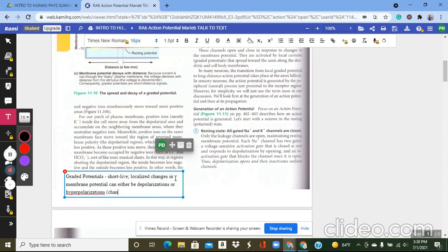These changes can cause current flows that decrease in magnitude with distance, which was something that was mentioned in the earlier text that I've read. These current flows decrease in magnitude with distance.